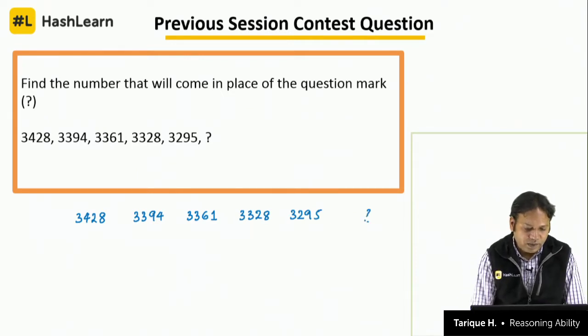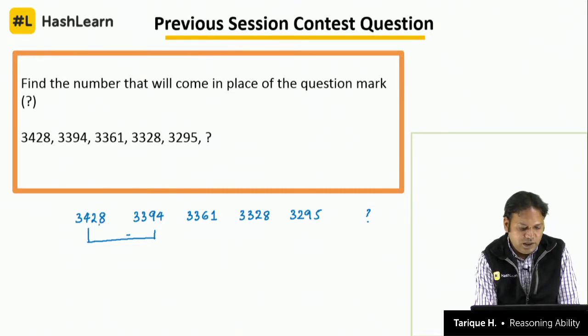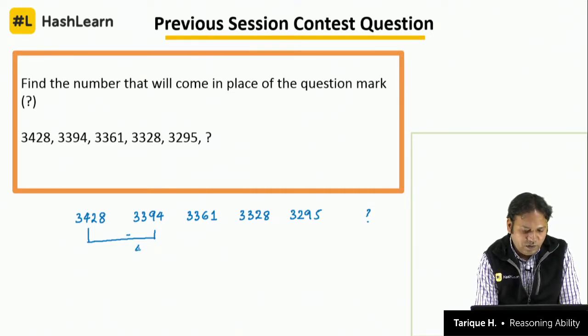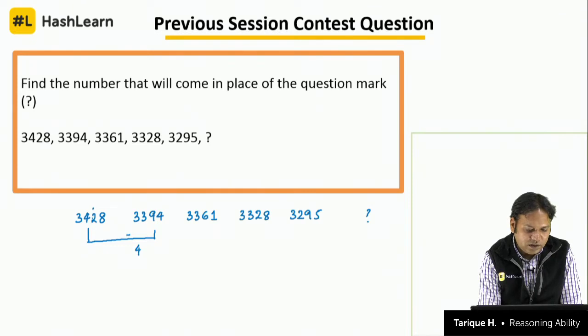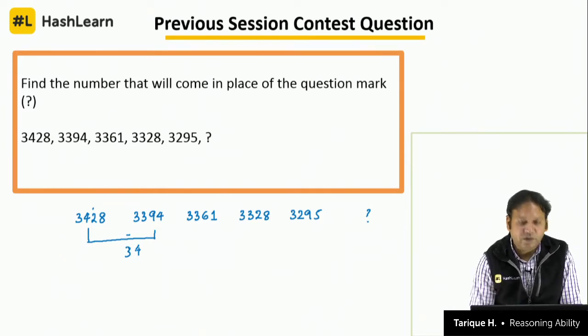So what we will do here, we will take the difference of 3428 and 3394, so subtract. 8 minus 4 is 4, and carry 1, this 12 minus 9 is 3, and 33 minus 33 is 0. So what is the difference here? 34.